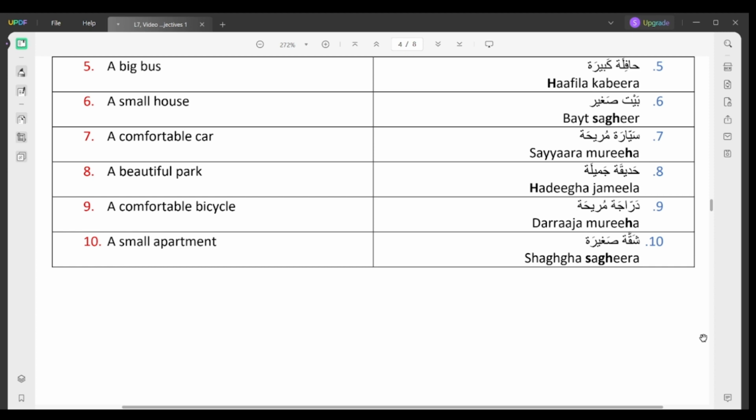Number 7, a comfortable car. Number 8, a beautiful park. Number 9, a comfortable bicycle. Number 10, a small apartment.